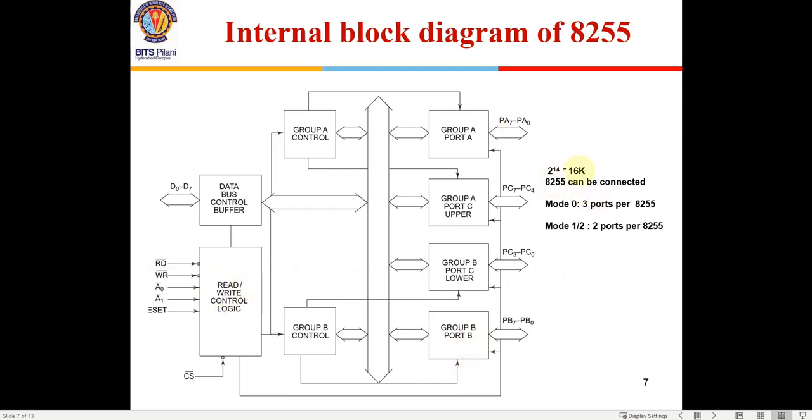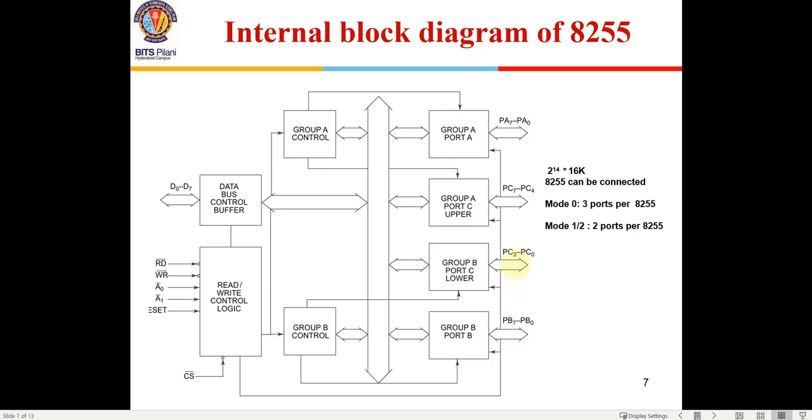So the total number of 8255s is 16k, and on each of the 8255s you can connect 3 ports.